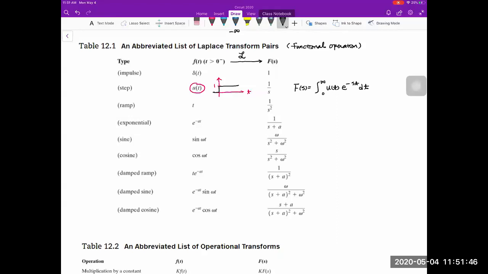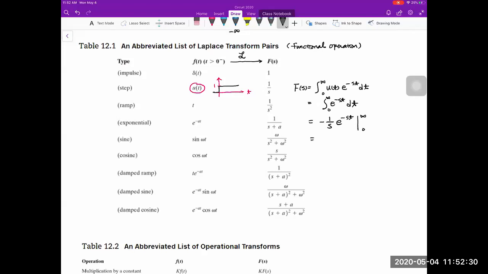It's just a constant, so I don't really need u of t in this equation. What I end up with is integrating e to the minus st from 0 to infinity. Integration of the exponential function is really a good thing to know. It's simply minus 1 over s, the inverse of the coefficient of t, and you also include the exponential function.